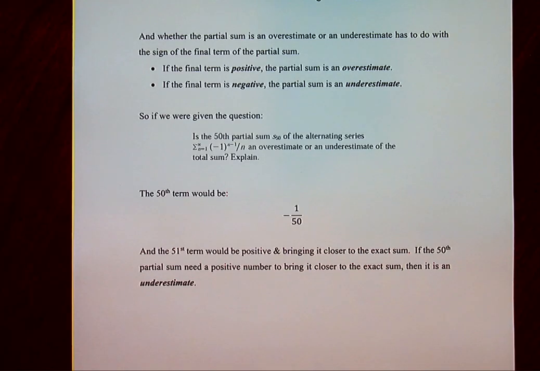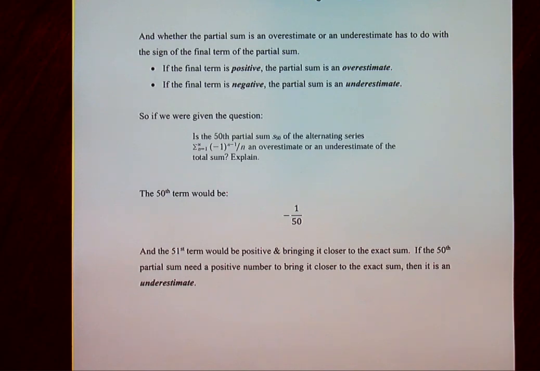And of course, it's real simple. The way that you deal with that is if the final term is positive, then the partial sum is an overestimate. If the final term is negative, the partial sum is an underestimate. So, if we're given that we need to find the 50th partial sum, S sub 50, of the alternating series, is the 50th partial sum an overestimate or an underestimate of the total sum?